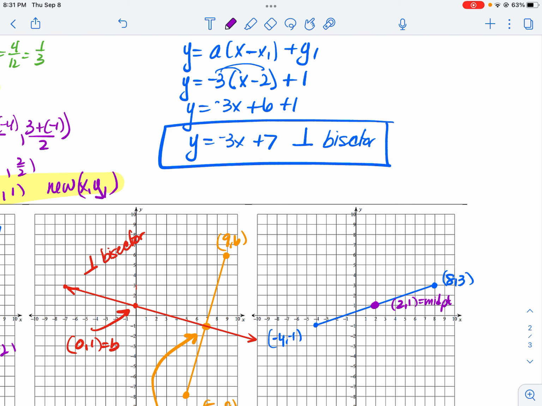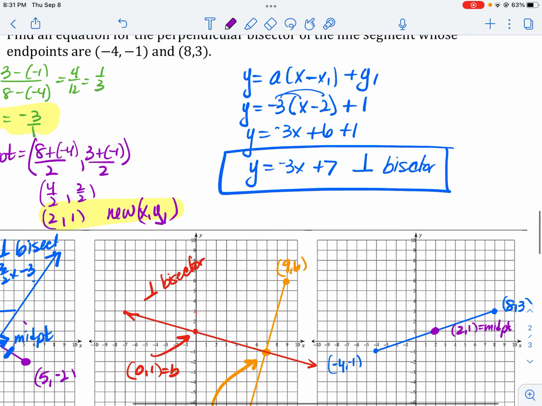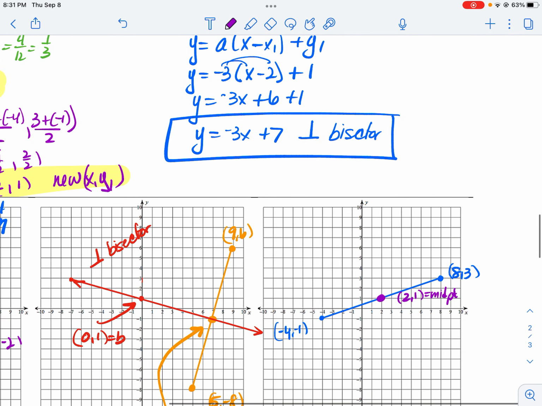That's our midpoint. And then we use our slope, which was -3/1. So from this point, we go down 3, right 1, down 3, right 1, down 3, right 1, up 3, left 1, just so that I can get an idea of where my line should go.